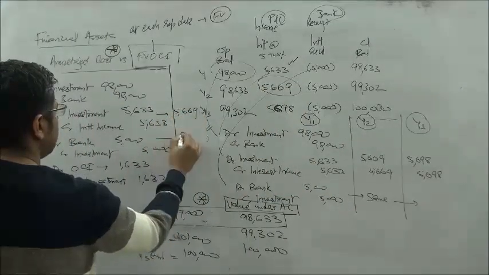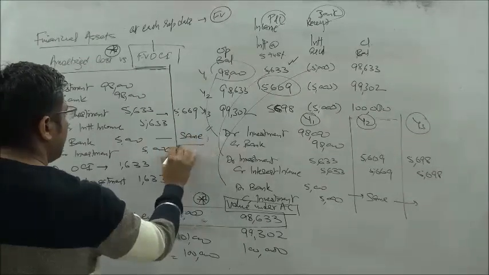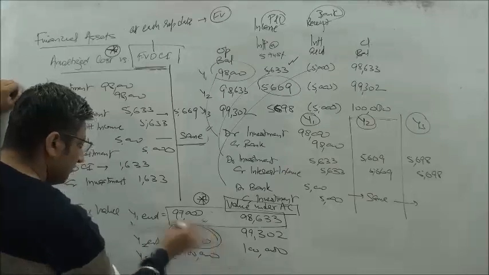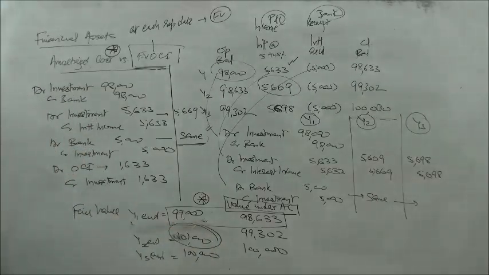5669 comes in. This is the same, of course, but now the value of your investment is 101,000. Okay, and when it is 101,000, you need to recognize the gain in your books here. How do you recognize that gain?